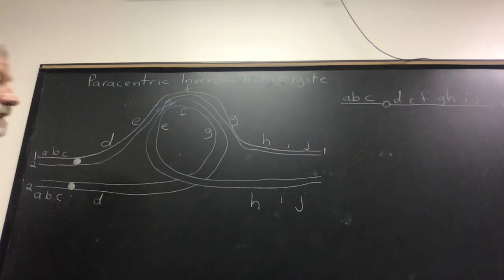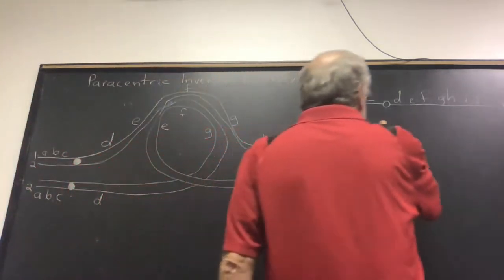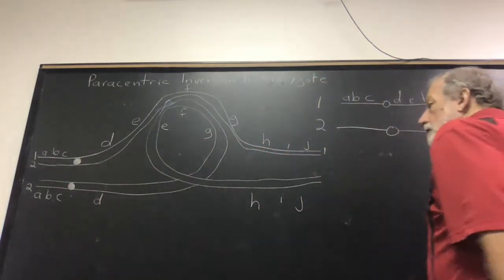And so this is number 1, number 2 then. It's a dicentric chromosome.